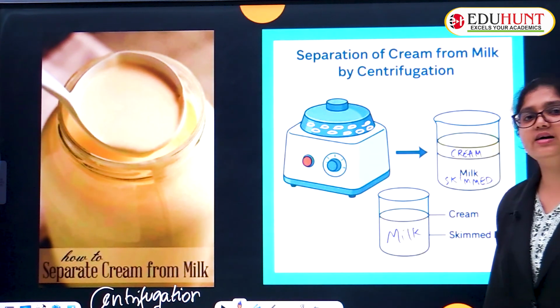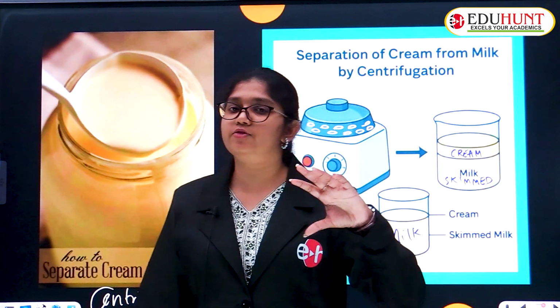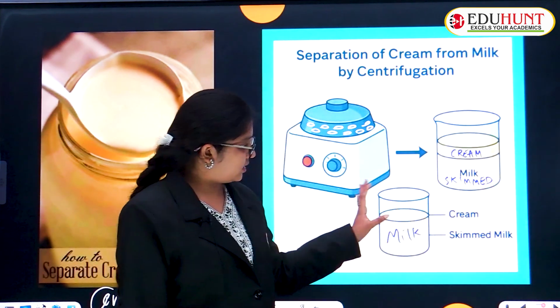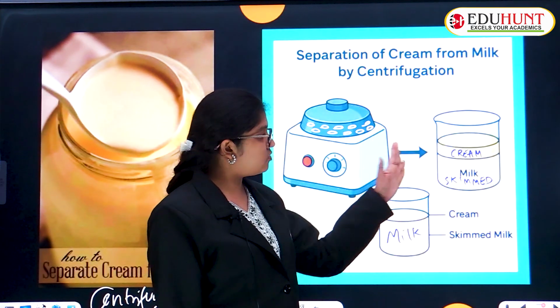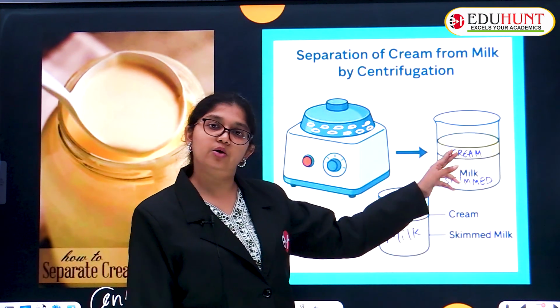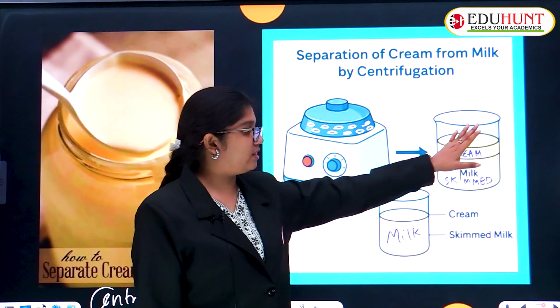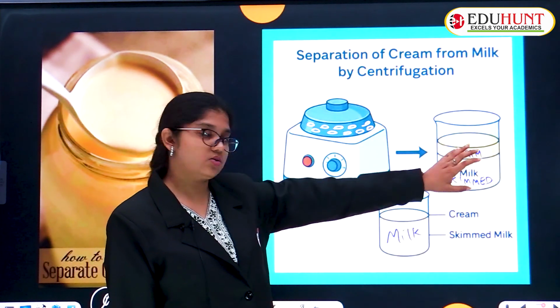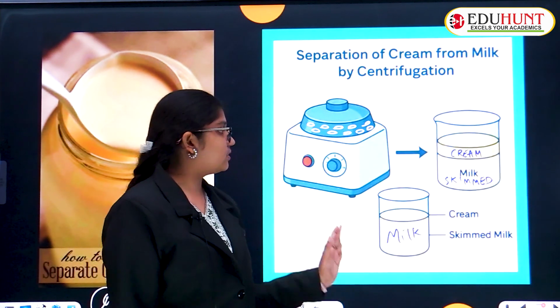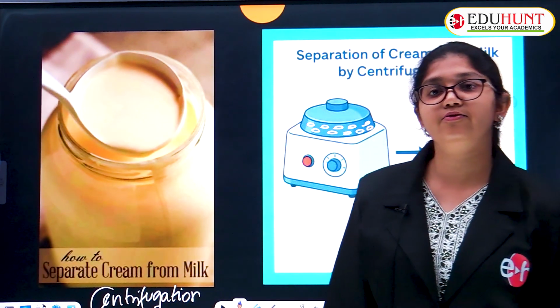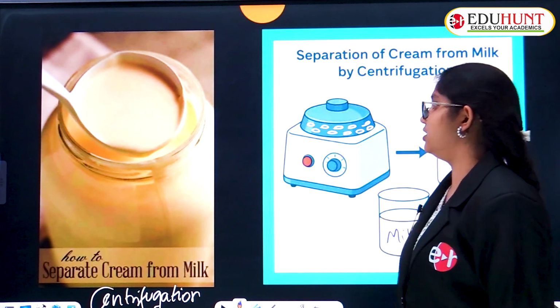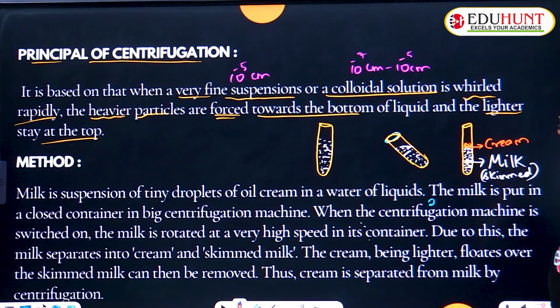Skimmed milk means apart from the cream, only the leftover milk. So milk is a mixture of both cream and skim milk. After centrifugation, the cream stays at the top, and the milk settles down. That is called skim milk. Got it? This is the picture for the centrifugation technique of separating cream from milk. Now we'll go through how the method is processed.